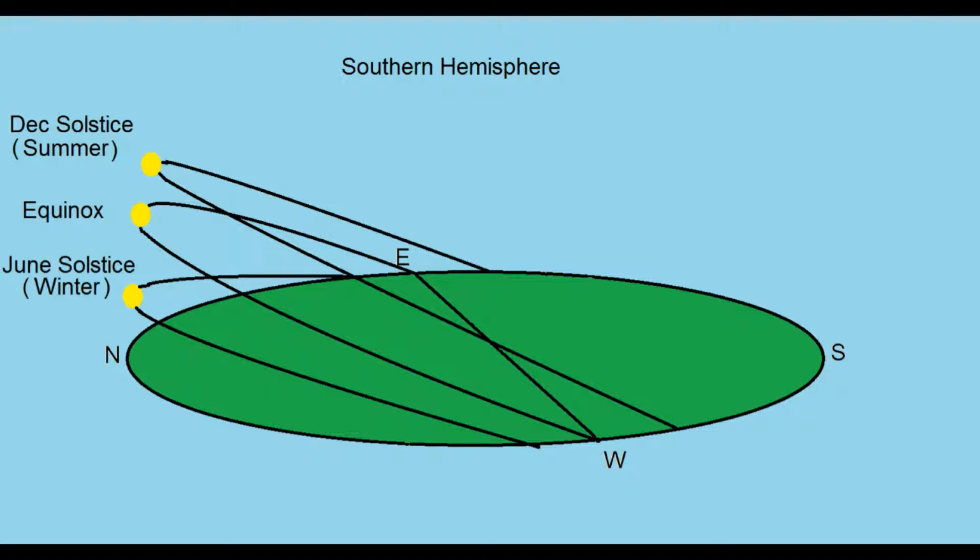Then on the equinox, it rises due east, makes a bit lower arc across the northern sky, and sets due west. And then on the June solstice, the winter solstice down south, the sun rises north of east, arcs across the northern sky in a low arc, and then sets north of west.